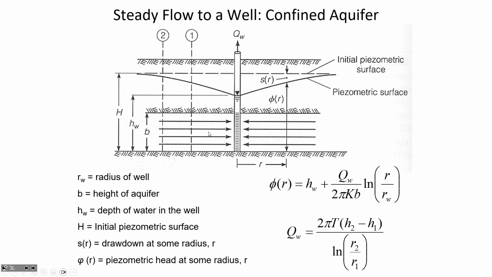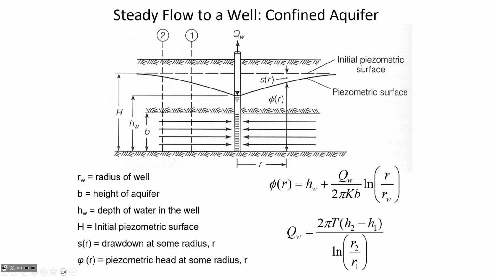So this formula allows us to relate how far away we are from the production well. R1 and R2 are the distances from the production well to some points, measured as the top view distance from here to here.